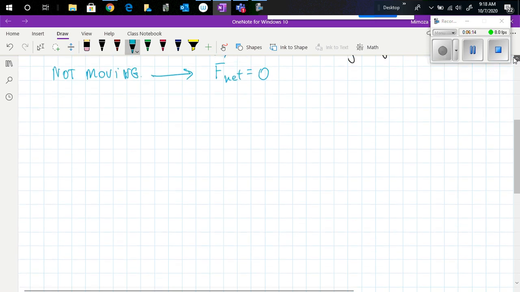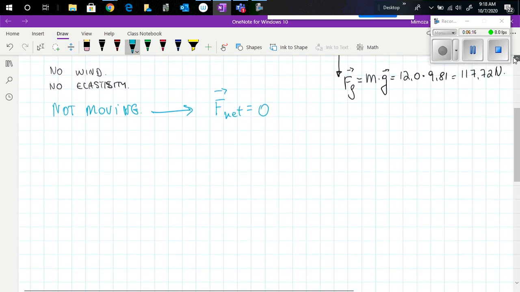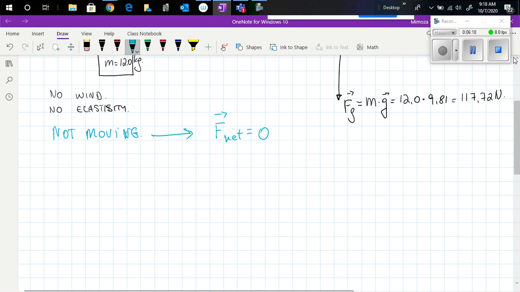Force net is the vectorial sum of all the forces that the object is experiencing.